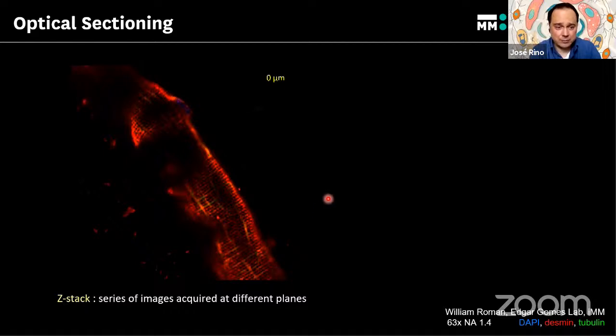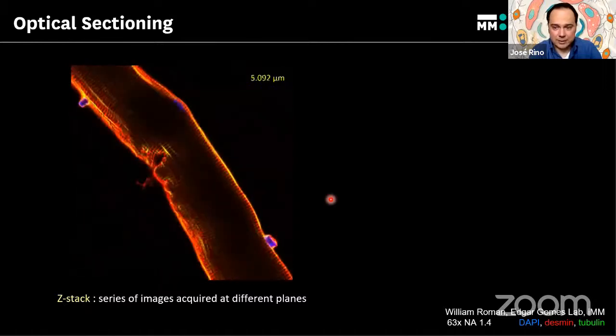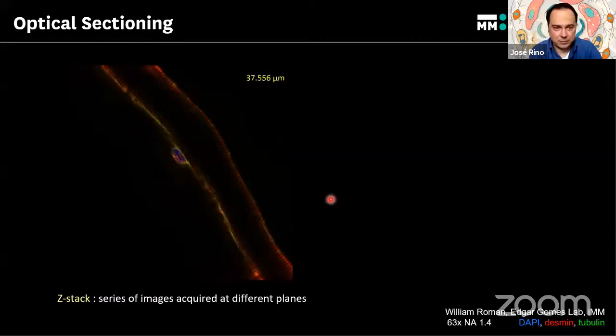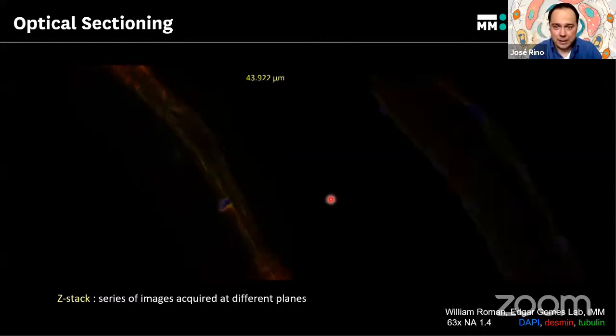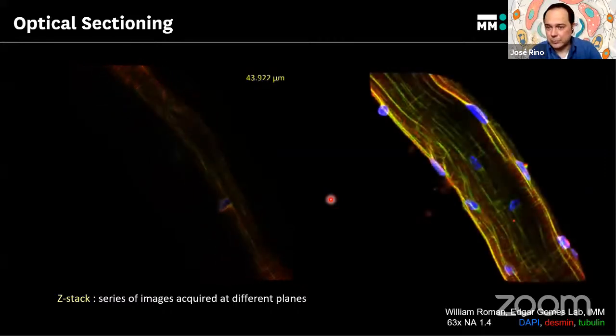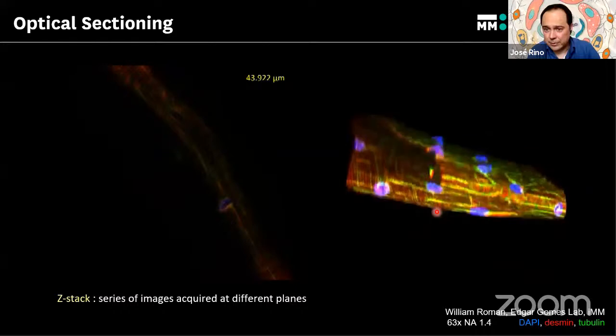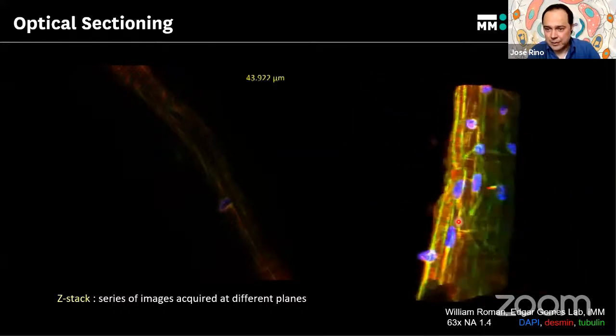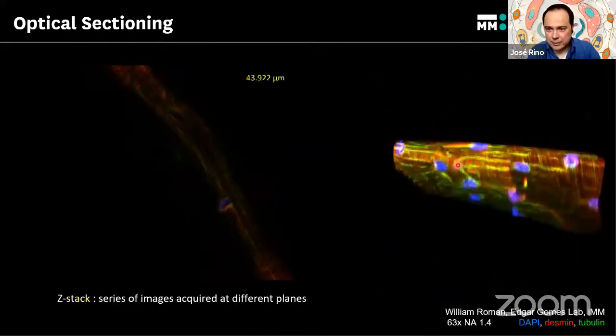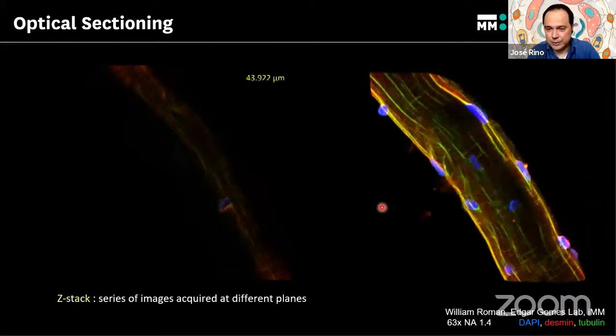This is an example of a Z-stack, a series of images acquired at different planes of a myofiber. This is from William Roman at Edgar Gomes' lab at the IMM. These are all stacked together in this computer reconstruction. This is ex vivo, a myofiber extracted from a mouse, and you can see all the different nuclei in the myofiber, and we can navigate through it, measure where things are located, and look at the desmin and tubulin distribution.